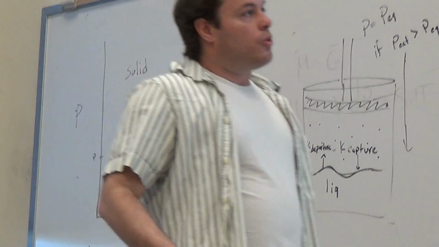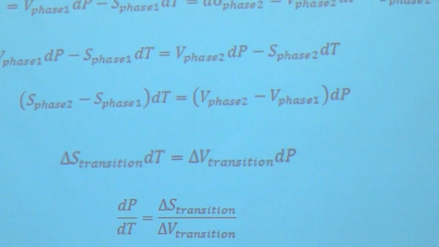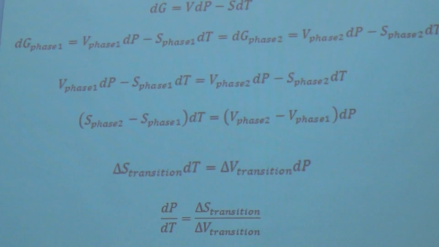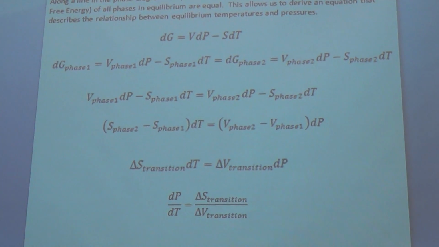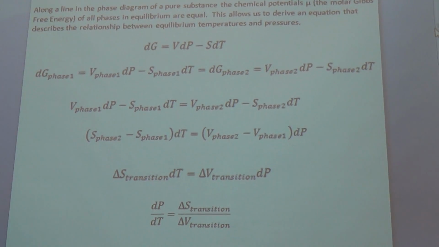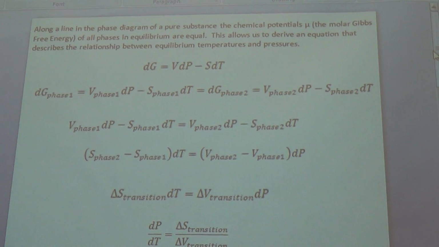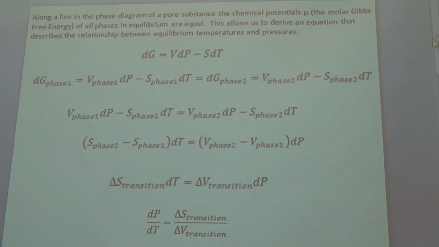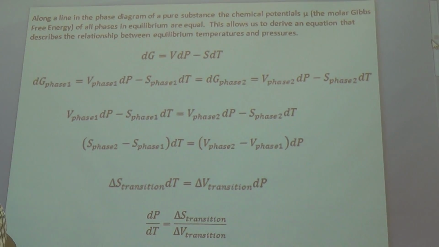So we derived this equation that said dG is VdP minus SdT. And what we're going to say now is that for equilibria to remain equilibrium from one position to another, the change in the Gibbs free energy of each phase must be equal.